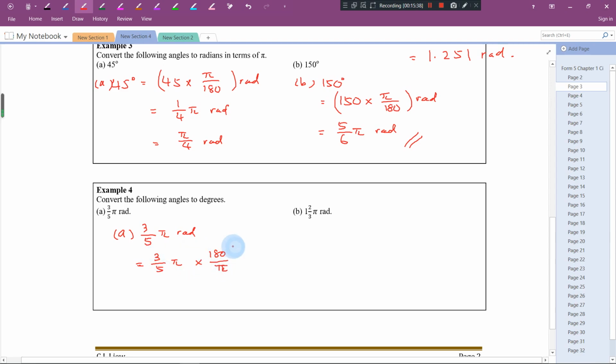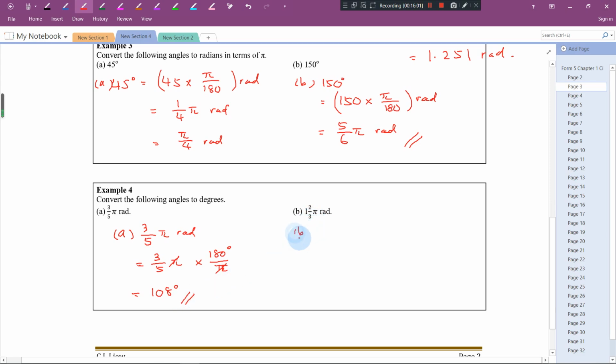Okay, so it will become degree. If you don't want to write this degree, it's okay, just write in the final answers. So the pi we can simplify it, right? So just take 3 over 5, press your calculator, times 180. So you will get 108 degree.